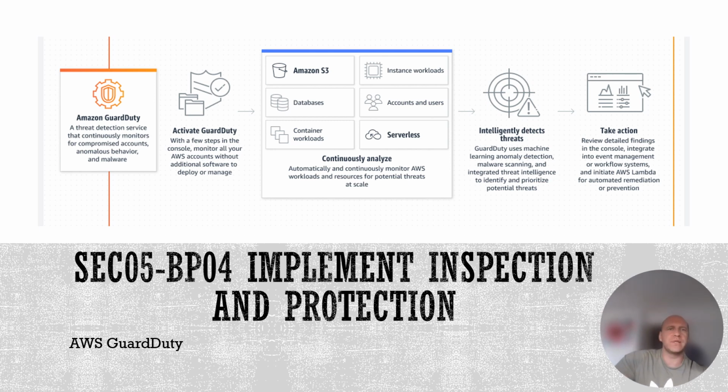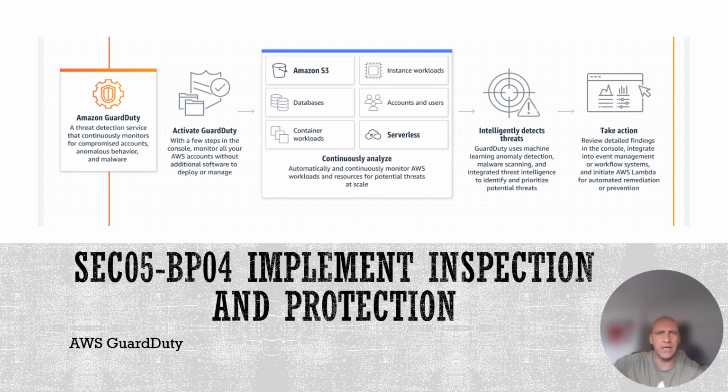It also processes features such as Kubernetes audit logs, RDS login activity, S3 logs, EBS volumes, runtime monitoring, as well as Lambda network activity logs. So it uses threat intelligence feeds such as lists of malicious IP addresses and domains, and machine learning to identify unexpected, potentially unauthorized and malicious activity within your AWS environment.